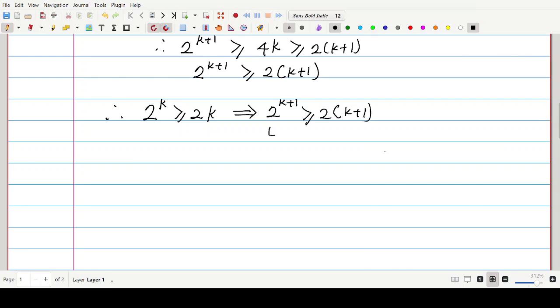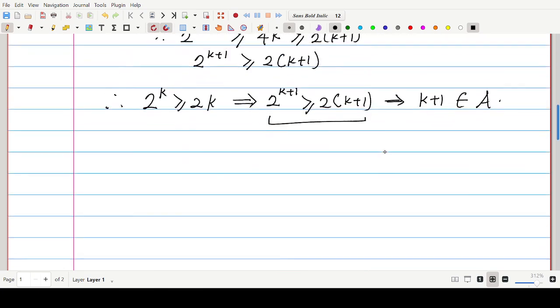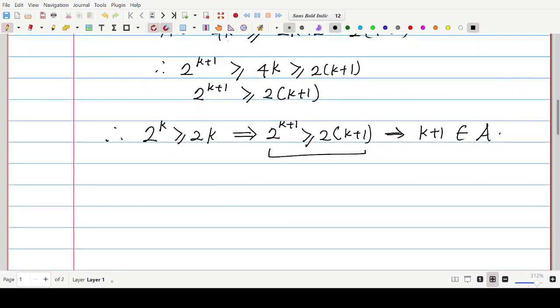And this is a true implication. All right, the implication is true. And since it is true, it means that k plus 1 is an element of the set A. All right. So the assumption that the statement is true when n is k has established that k plus 1 will be in the set A.